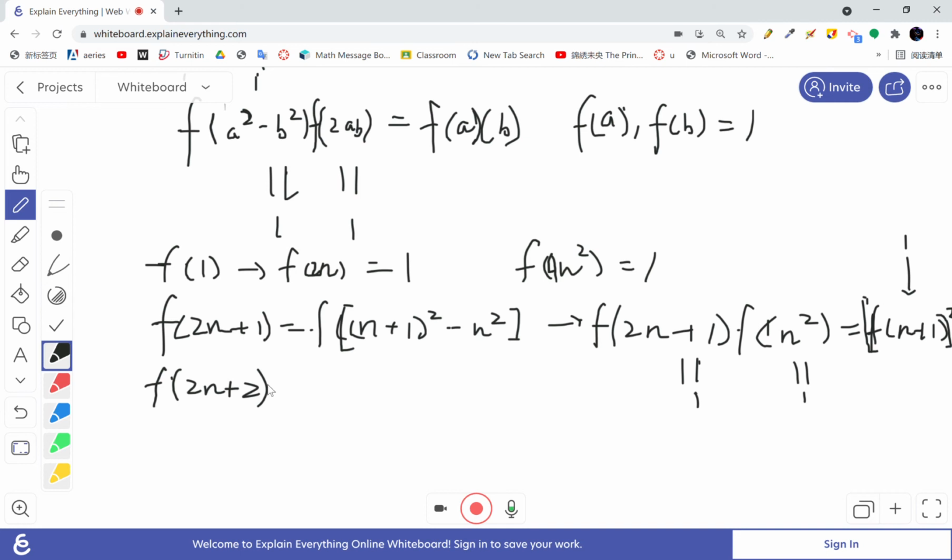Yeah, so f of a squared is equal to f of a squared by the rule, and f of a squared plus b squared is equal to f of a times f of b. Right.